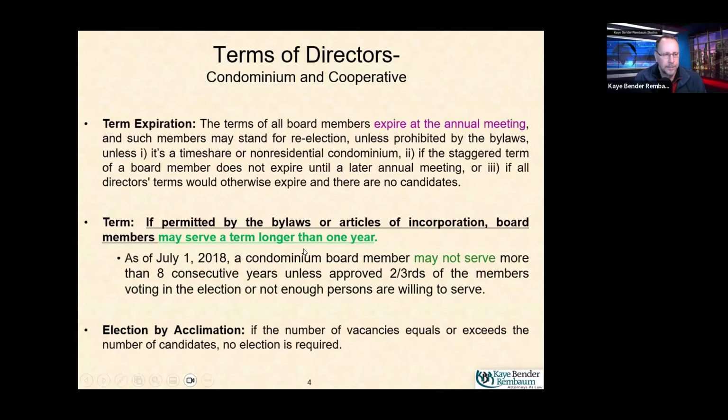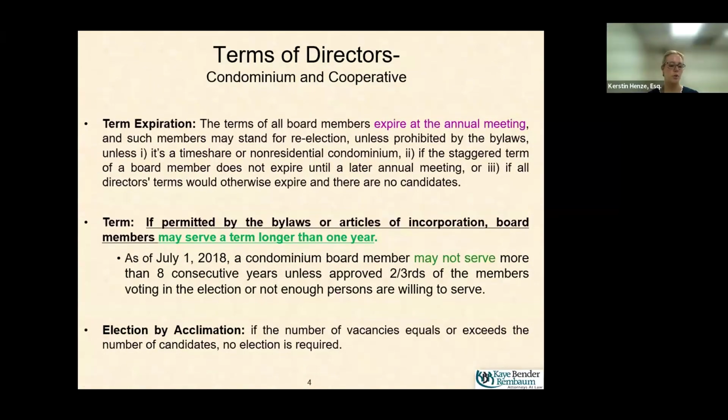Now the terms of directors for condominiums and co-ops. The terms of the directors will expire at the annual meeting. That's typically, with some exceptions, unless you have a staggered board. For example, if your bylaws provide for 2 or 3 year staggered boards, then you're going to have an election every other year.